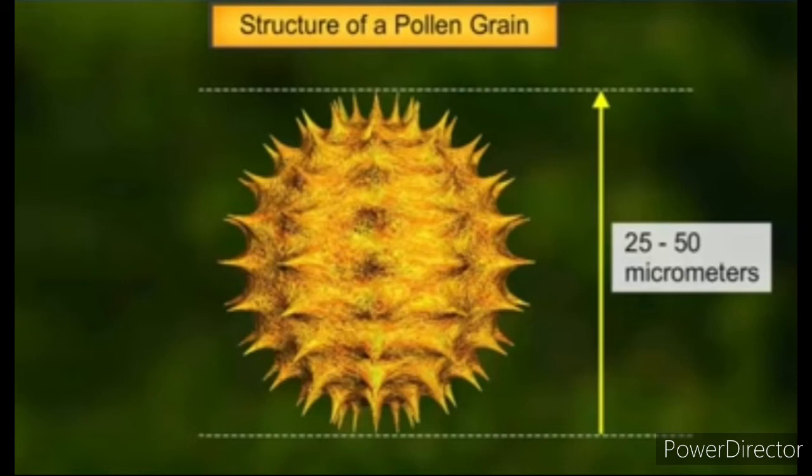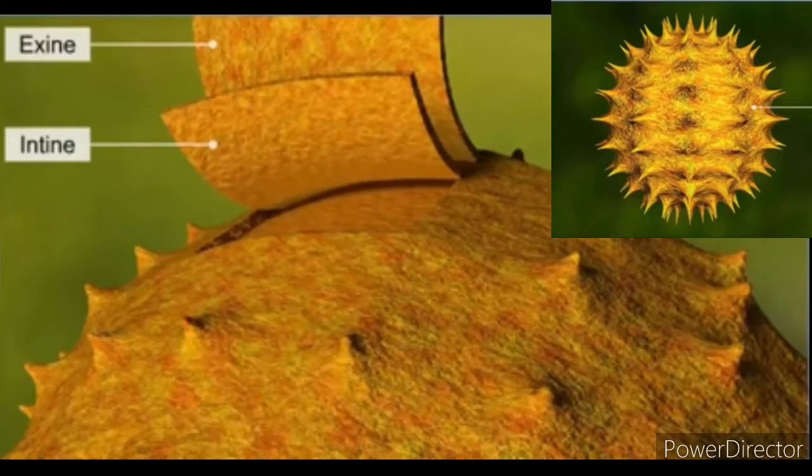Two layers are present: the outer layer is called exine, E-X-I-N-E, and the inner layer is called intine.